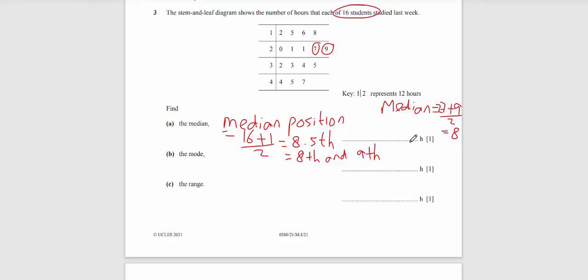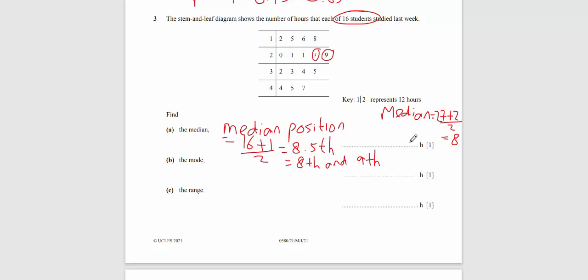So the median is actually 27, and because we have a stem also, we have 27 and 29. So we have 28 as our median.